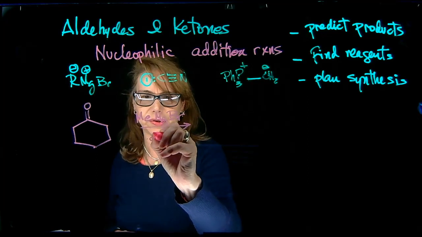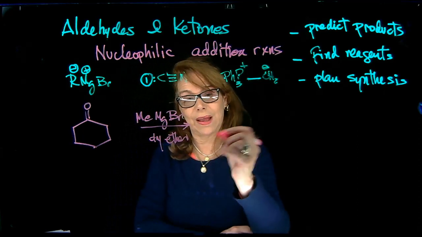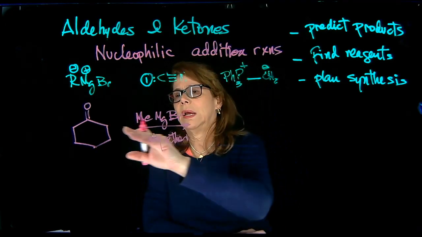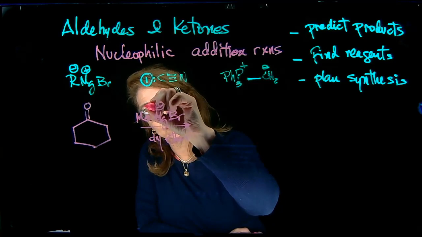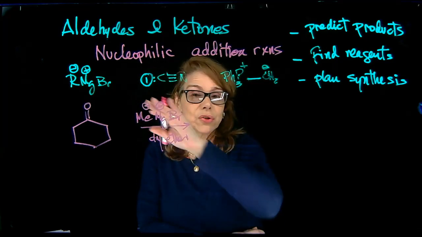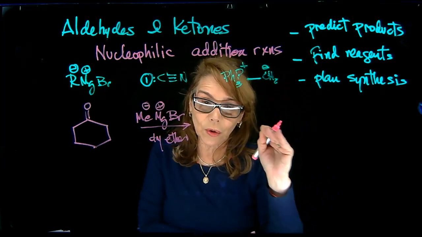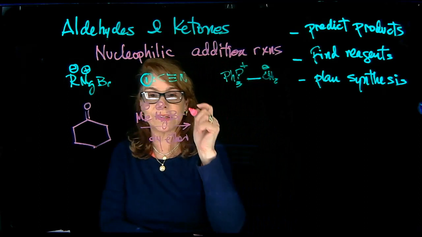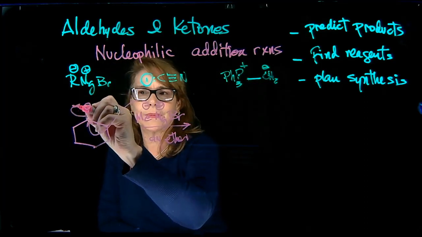The conditions: dry ether or diethyl ether or THF. Anyways, your nucleophile is a carbon, very strong nucleophile and base. So when you have such a strong nucleophile, the hydrides or this carbon nucleophile, it is always nucleophilic attack first. So we're going to do this nucleophilic attack.